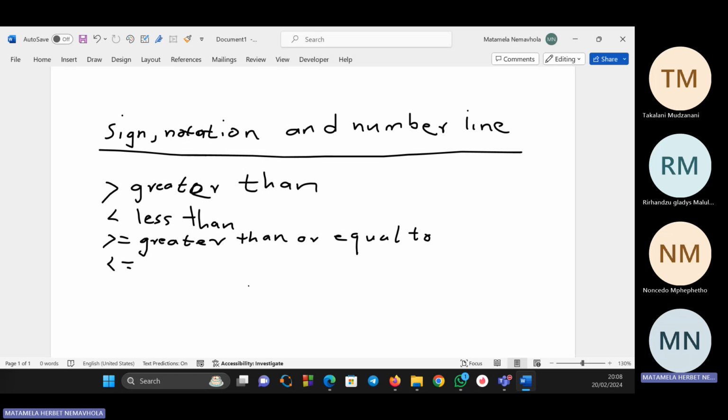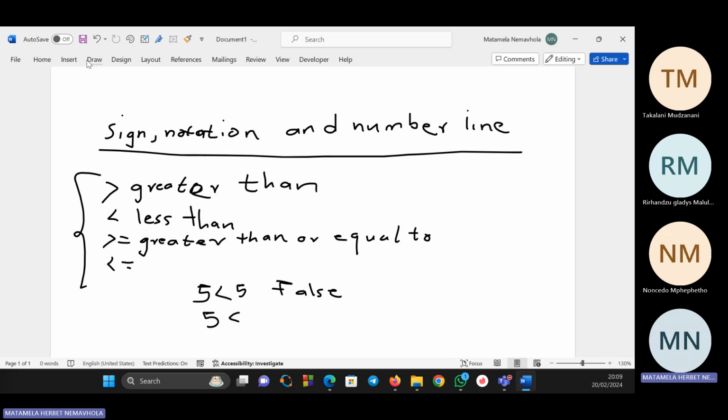I'm not gonna write that. So with these signs that I've just written here, the most important part that you must take into account is this: if you ask is 5 less than 5, 5 is not less than 5, so this statement is false. But if you have 5 is less than or equal to 5, that is true.